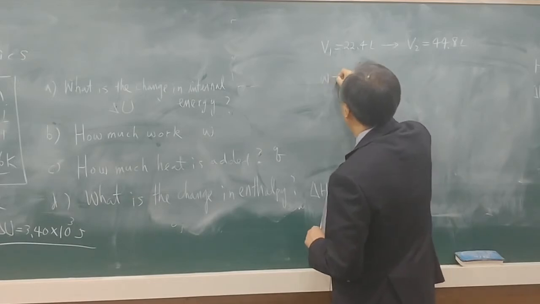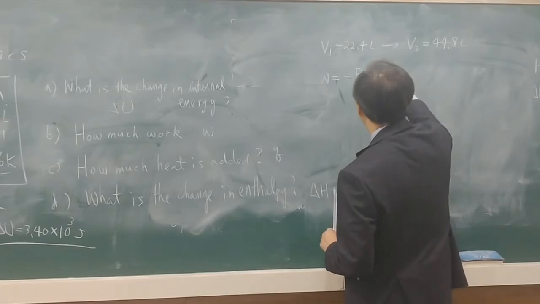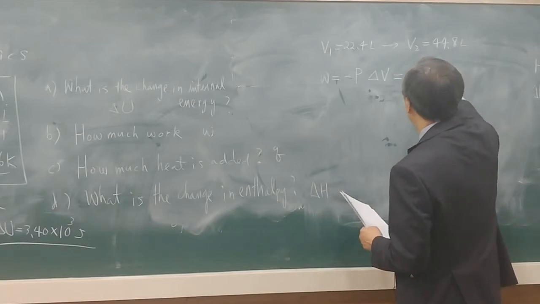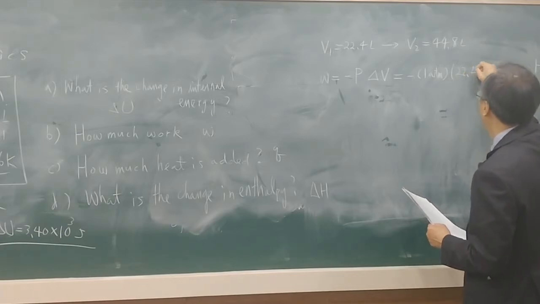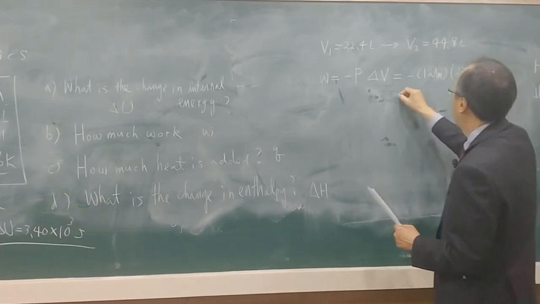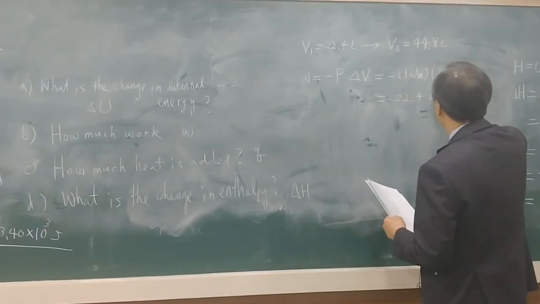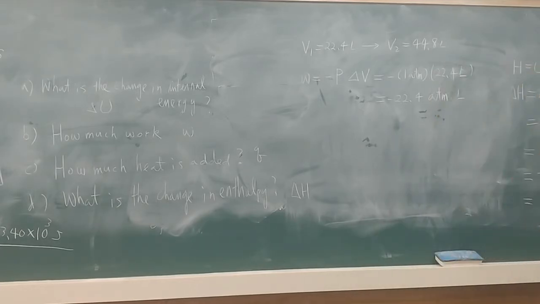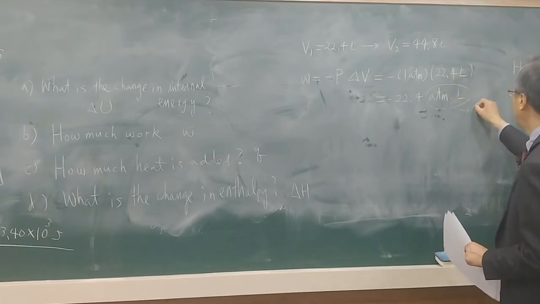So W equal minus P delta V. So this equal minus 1 atmosphere times 22.4 liters equal minus 22.4 atmosphere liters. How can we convert this unit to joule?